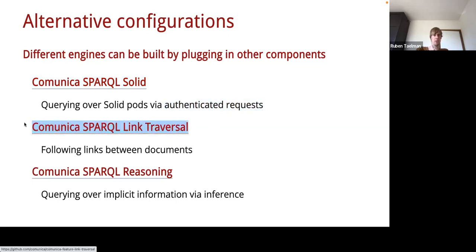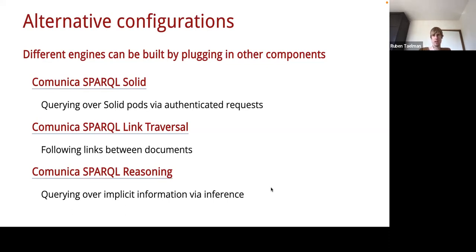Then we have also more of an experimental one for link traversal queries, where you can actually let the query engine follow links between documents that it considers relevant for the query. Then we also have another experimental one for reasoning that allows you to query over implicit information via inference.